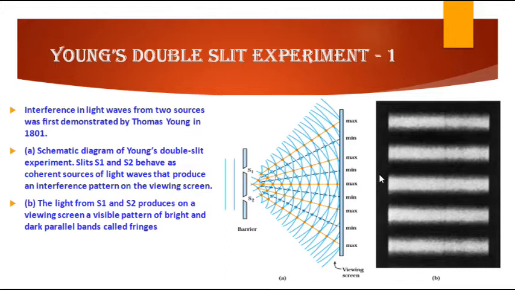This is the schematic diagram of Young's double slit experiment, where S1 and S2 behave as coherent sources of light waves that produce an interference pattern on a viewing screen.